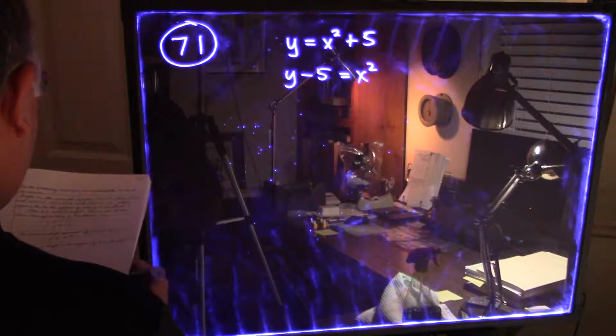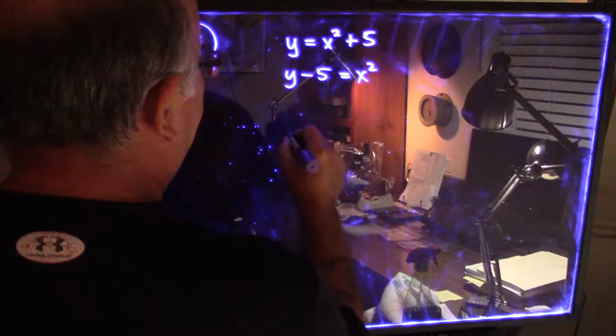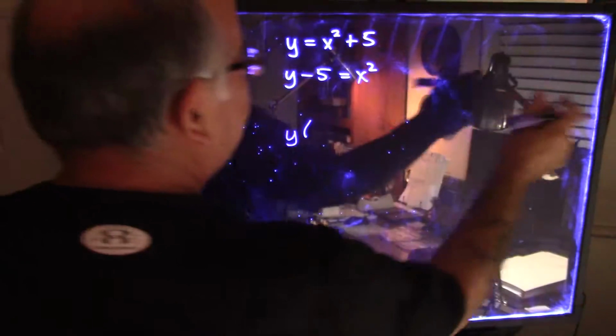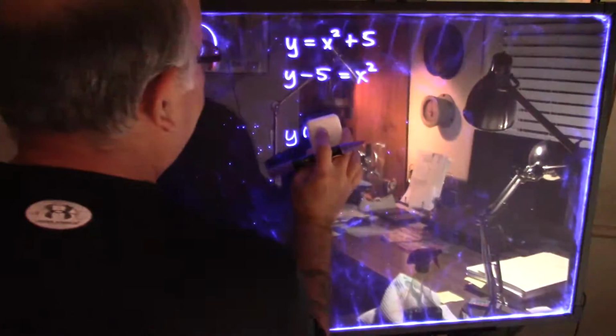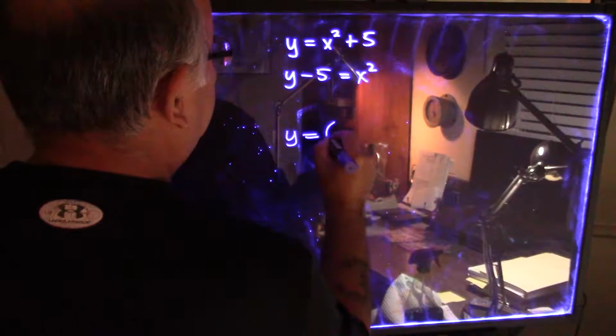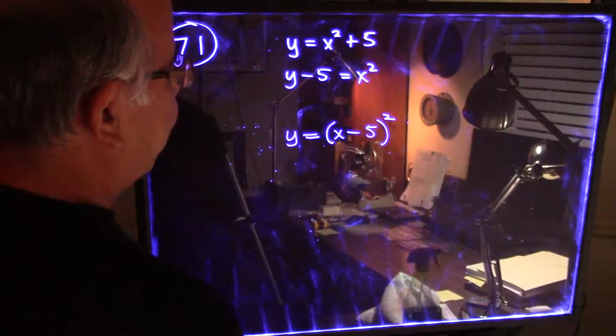What if the 5 was inside that x there? What if you had y equals x minus 5 squared, like that?